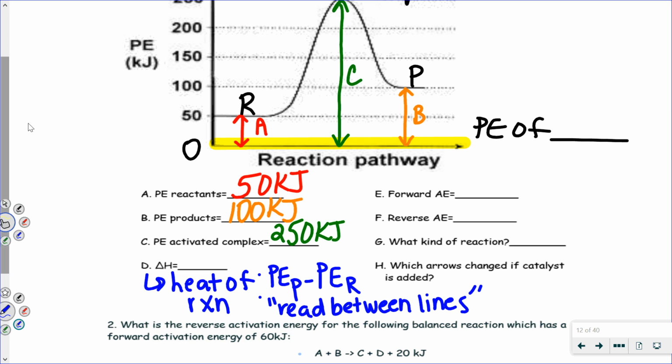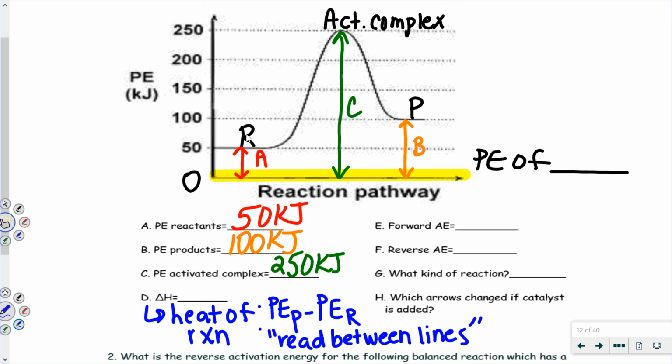Okay. So remember, these flat lines right here where your reactants start, you can kind of extend that out. Same thing for your products. And the distance between that is your delta H, because it's the difference between my reactants and my products. Now, where you got to be a little bit wary is of the sign of delta H. On the previous page, we were looking at if something is exo or endo.